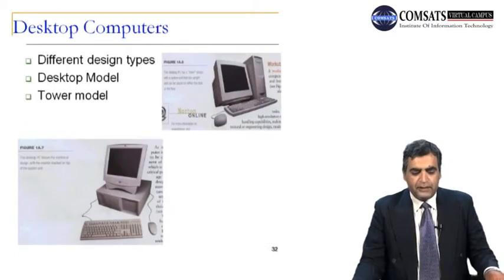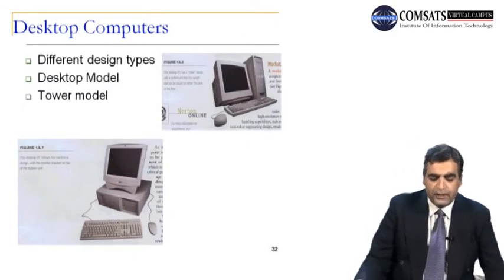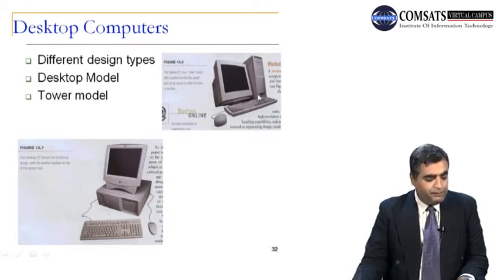Desktop computers come in different designs. There are 2 common models. One is called the desktop model, which you can see here, and the other is the tower model. The more traditional desktop features a horizontally oriented system unit, which usually lies flat on the table.